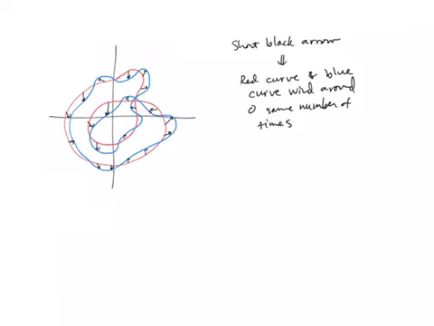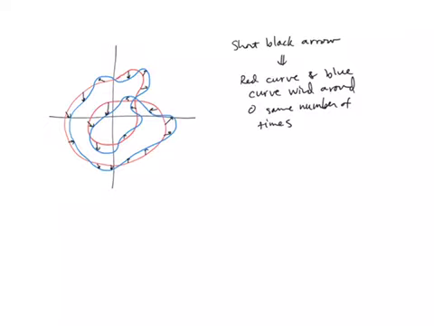So if the man is the red curve, walking around the tree some number of times, the tree is the origin, and he has a leash such that the length of the leash is shorter than the distance from him to the tree, then no matter what the dog is doing, which might be moving around all crazy and looping around the man, because the leash is short, even though the dog might be doing some crazy stuff relative to the man, relative to the tree, the dog is still making the same number of loops around the tree that the man does. So that's the basic geometric intuition here.